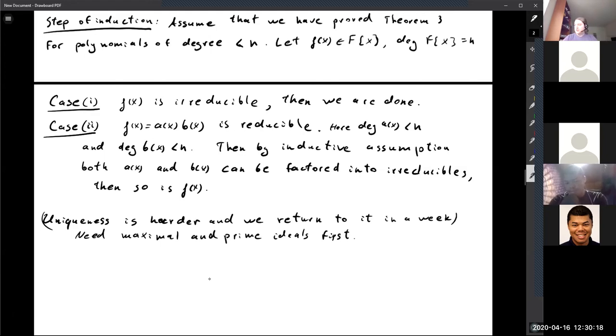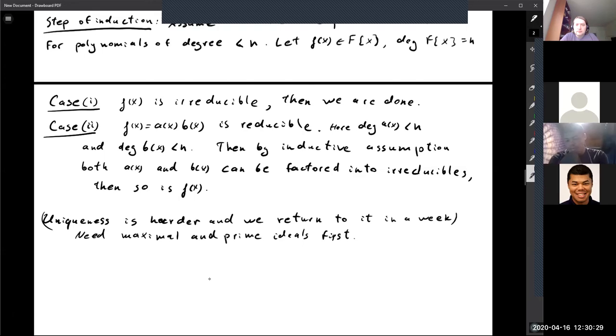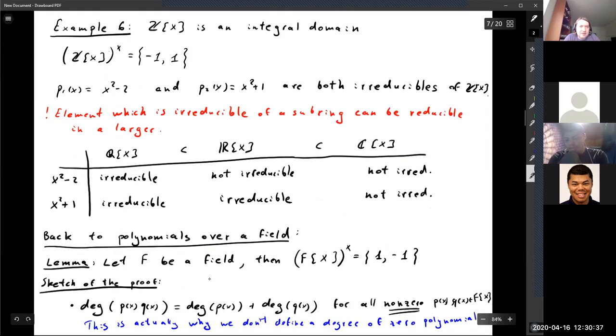I have a question. Earlier you said for a field, the group of units of the polynomials over the field is 1 and -1, but... No, that was for Z. So let's scroll back. That's a great question.